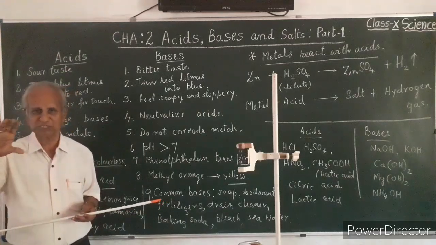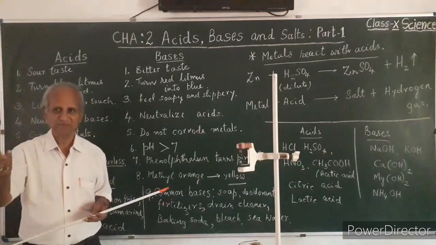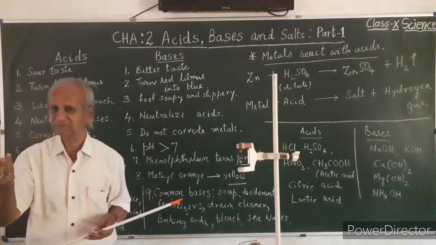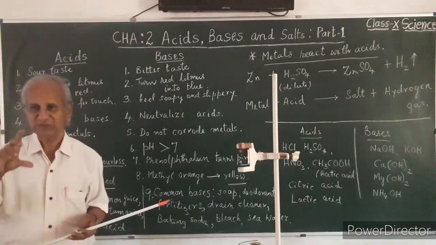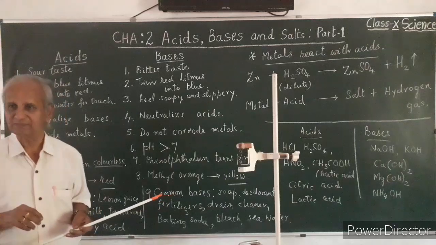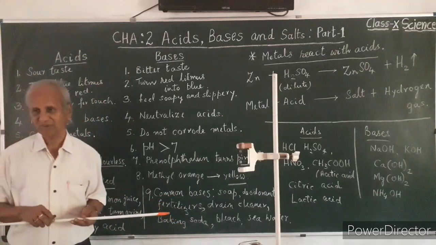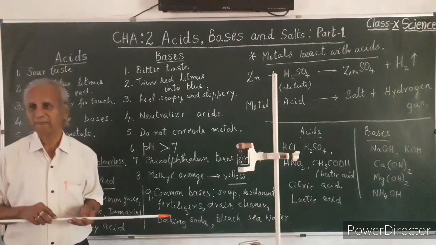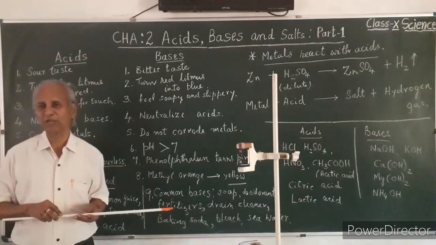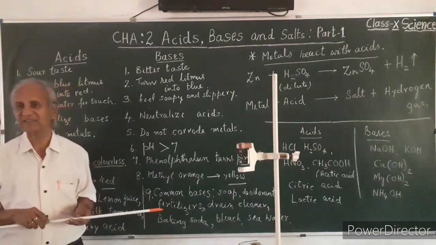Let's take a few examples. We prepare nimbu sharbat, lemon juice, from lemon. It is sour in taste. We add sugar to it, mix it well. Lemon juice is quite refreshing. It's sour. It is a natural product. In the same way, you have buttermilk.